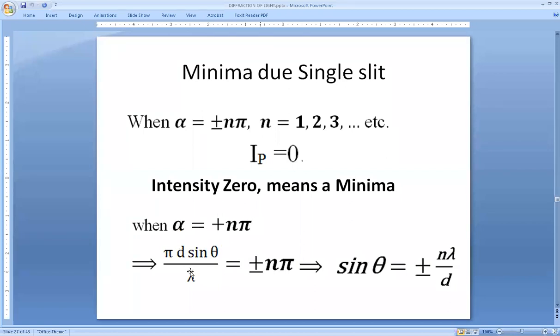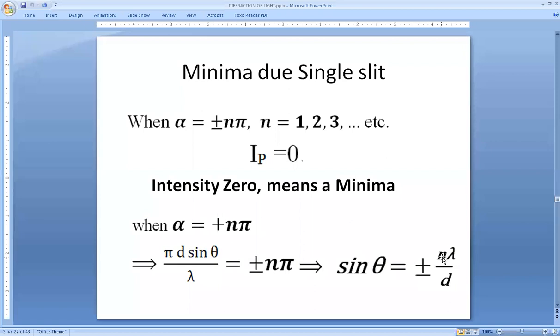Anyway, alpha I am going to substitute as pi d sine theta by lambda, and I can just equate it to plus or minus n pi. You can see here, pi is gone on both sides. You are left with sine theta equal to plus or minus n lambda by d, with sine theta taking both positive and negative values symmetrically.